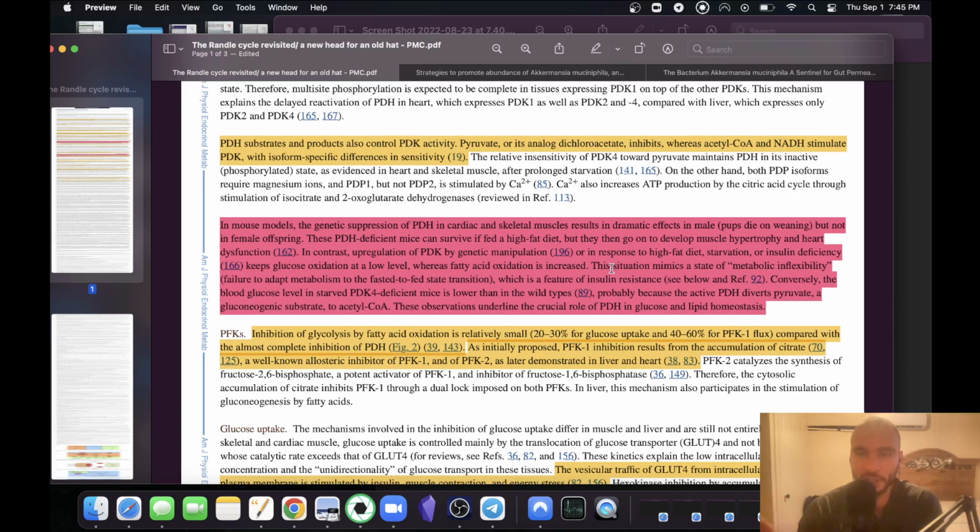So pyruvate dehydrogenase is that switch, and it's also the spot where the Randle cycle acts through various mechanisms affecting its switch. If you have an excess of fatty acid oxidation, pyruvate dehydrogenase is shut down, and then carbohydrate oxidation and uptake by the cells gets shut down, kind of through a backlog effect.